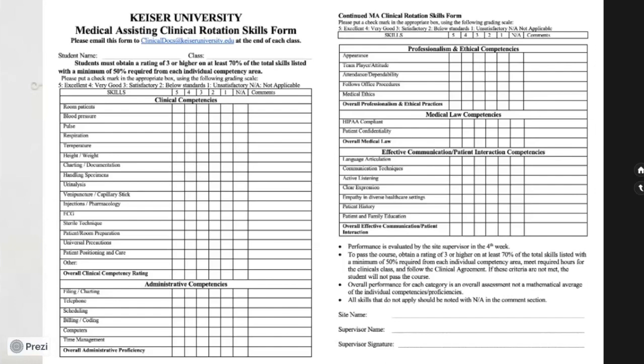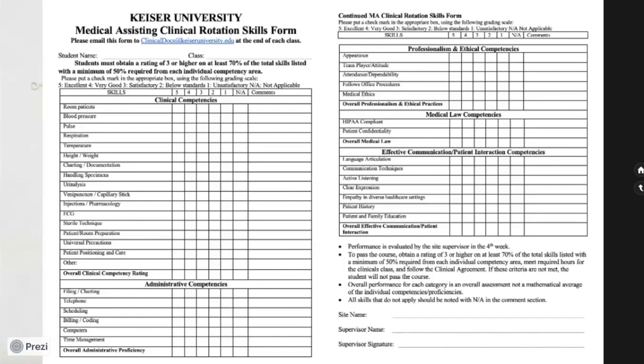However, remember, you need 70% overall. So while it does require that you have at least half of the skills in each area, you'll need to meet that 70%. So for example, you may have 50% of the clinical competency skills addressed with a rating, 50% of the administrative competencies, but for page 2 in the professionalism, ethical competencies, med law competencies, effective communication, patient interaction competencies, you would need to have 100% of those.